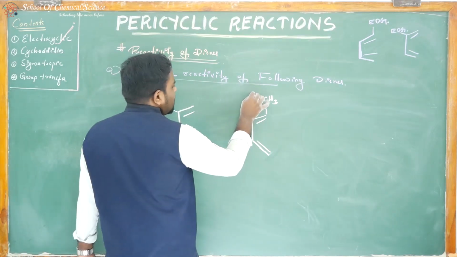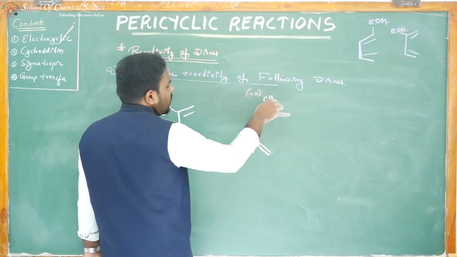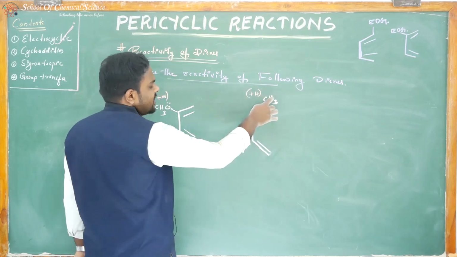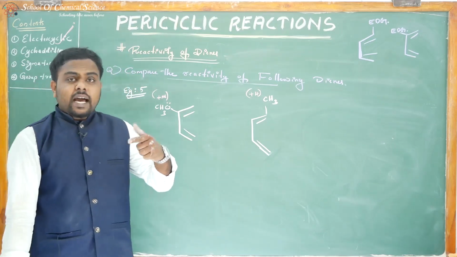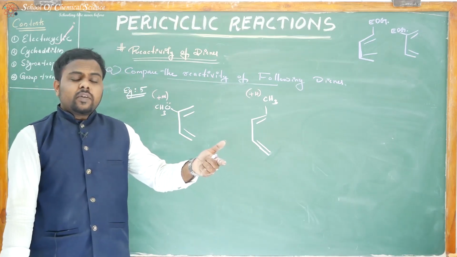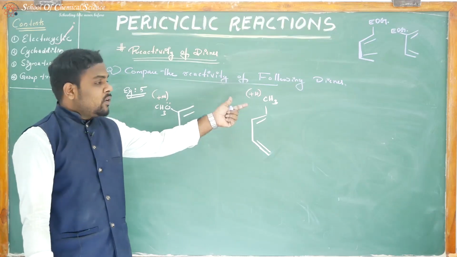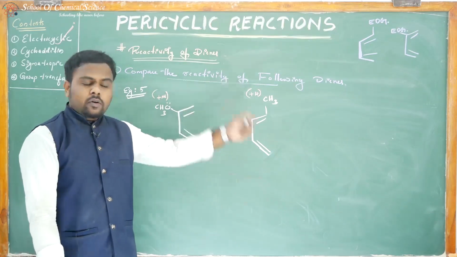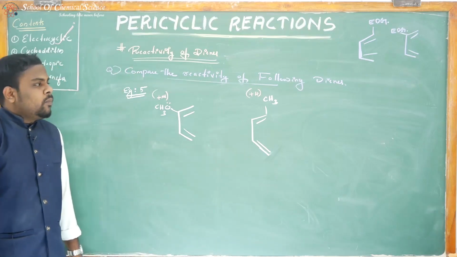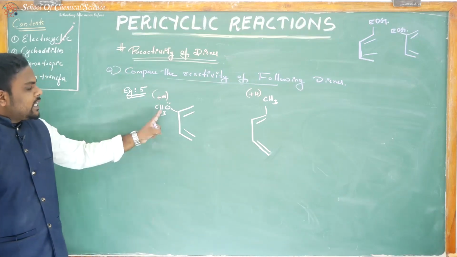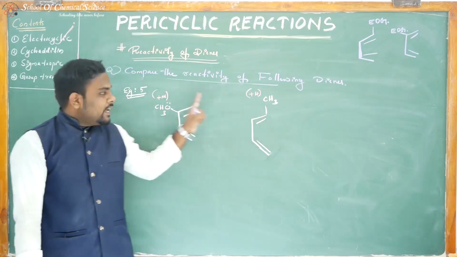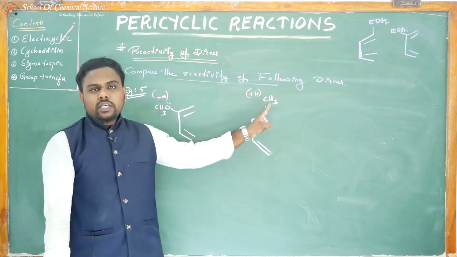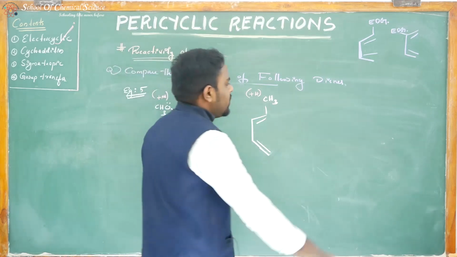This is also a donating group, but it is hyperconjugation. Mesomeric effect predominates over hyperconjugation. So which will be more reactive? Here extended conjugation is not possible, but here extended conjugation is possible. Here mesomeric effect, here hyperconjugation effect. So you have to give the priority.